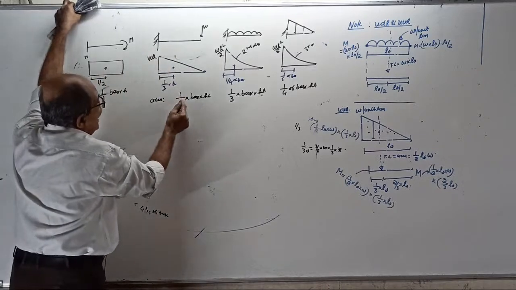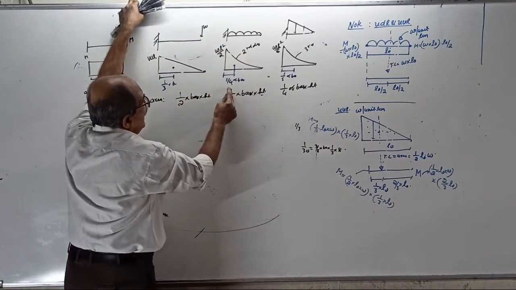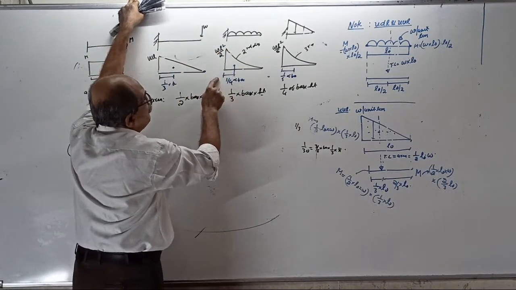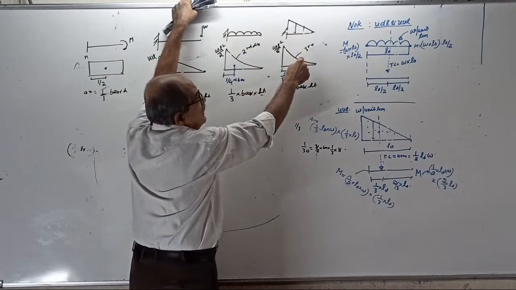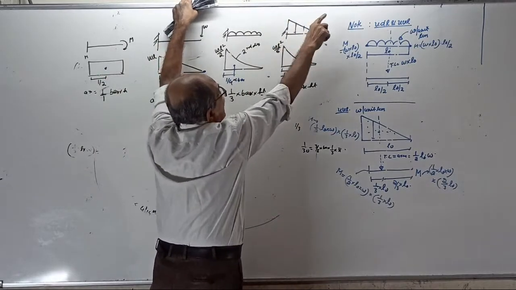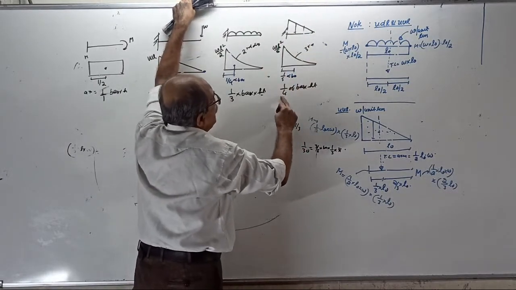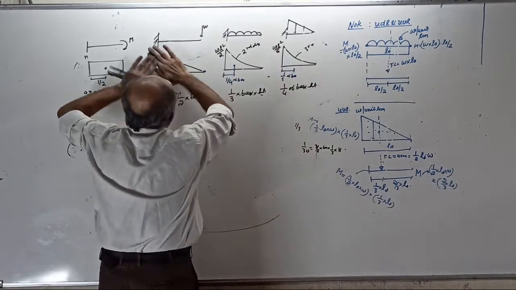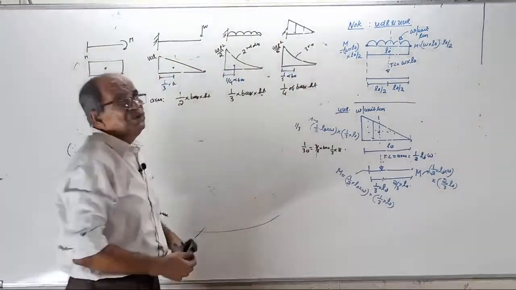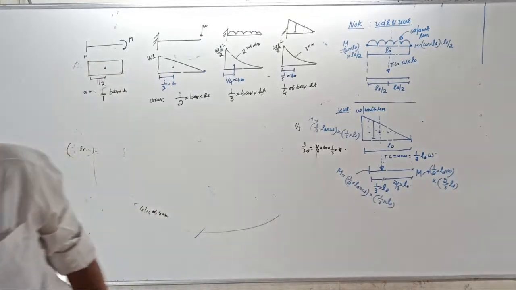Triangle: area 1 by 2, CG 1 by 3. Second degree parabola: area 1 by 3, CG 1 by 4. Then this one, third degree parabola, for this triangle, not for the other one. That is special. Area 1 by 4, CG 1 by 5. This sequence. Fortunately it comes. There is a reason why it came. This is also clear?